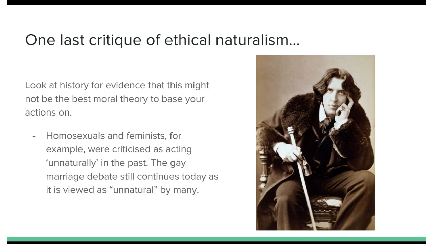In fact, not very long ago, it was considered illegal to be gay, and people that were discovered to be gay were often forced to take on medical treatments or other treatments to deal with this condition, because it was seen as unnatural. Additionally, women were seen as the people that should be bringing up children and in the home, while men should be out doing other kinds of more manly jobs, so to speak. And that was the natural way that things were.